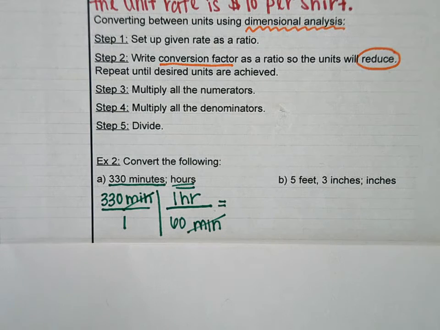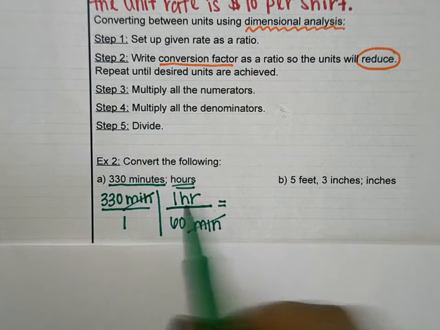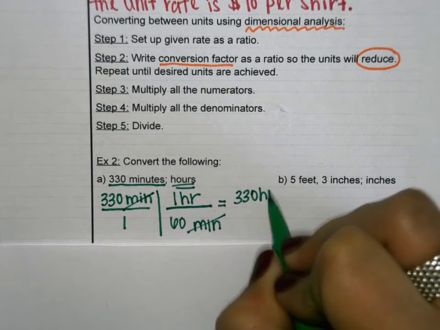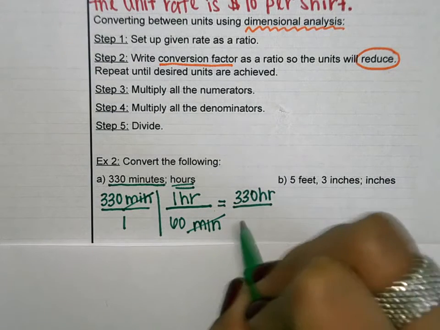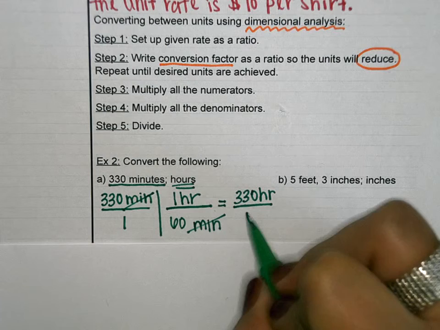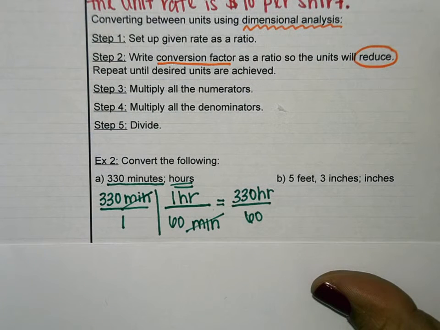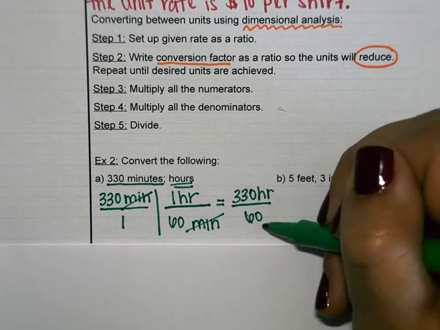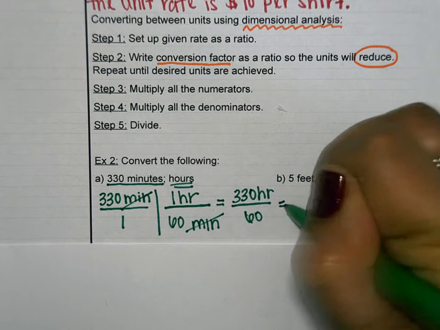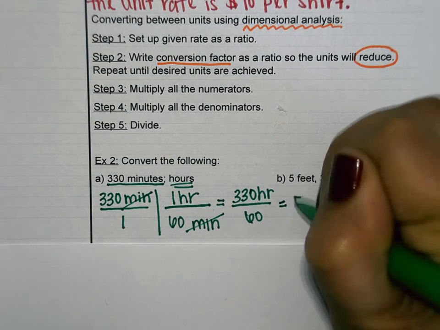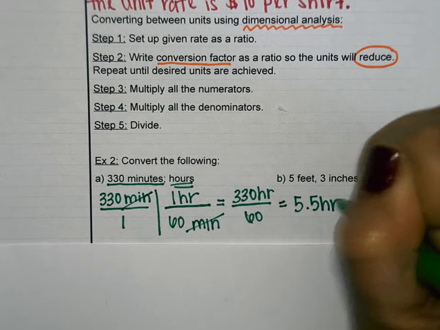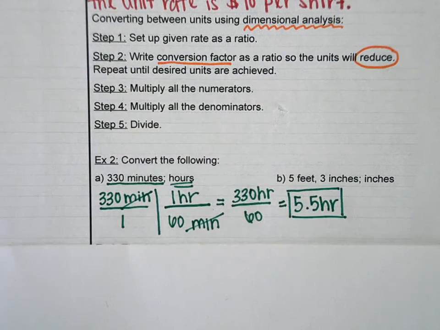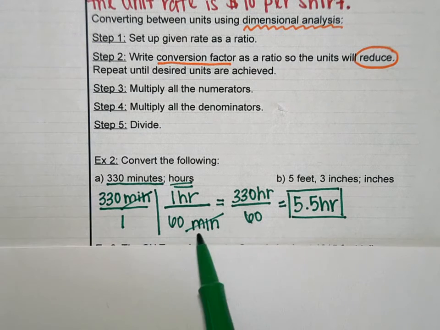And then we multiply. 330 times 1 hour is 330 hours over 1 times 60, which is 60. You can use your calculator to reduce this. 330 divided by 60 gives me 5.5 hours. We ended up with hours because the minutes reduced here.